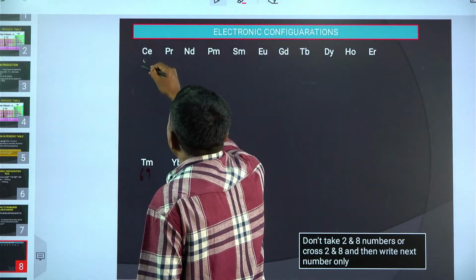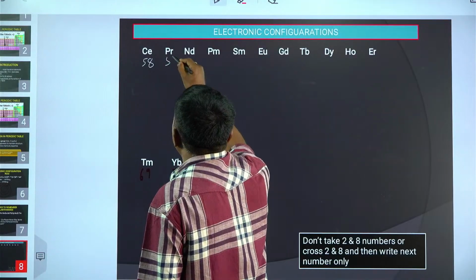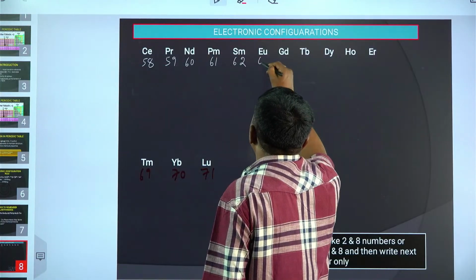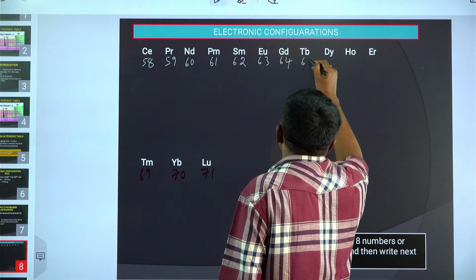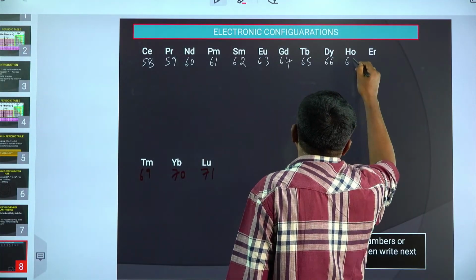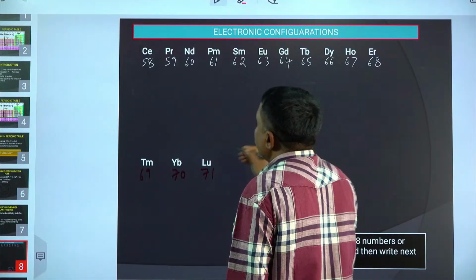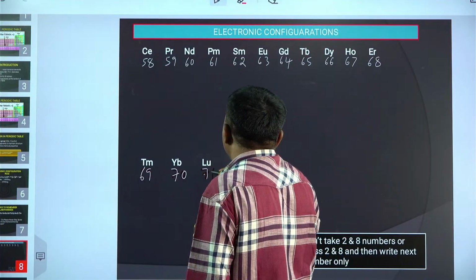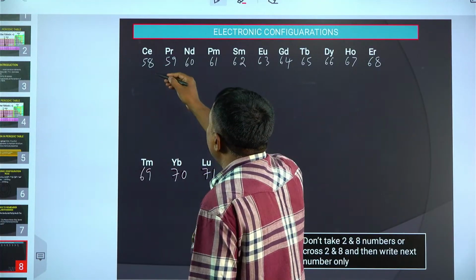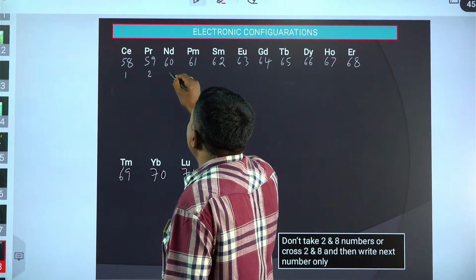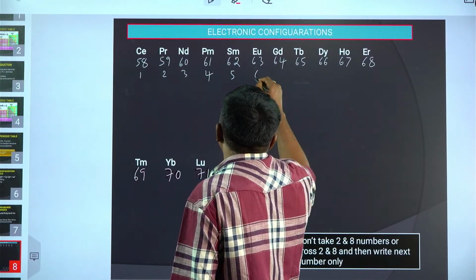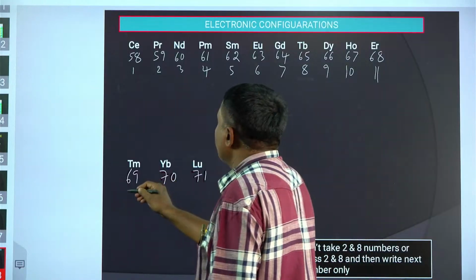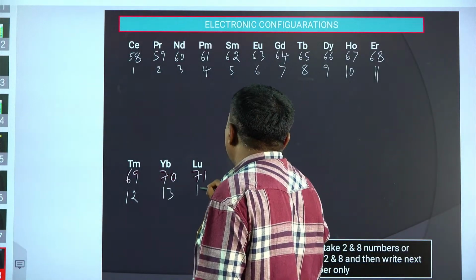This is 58, 59, 60, 61, 62, 63, 64, 65, 66, 67, 68, 69, 70, and this is 71, the last, 14th element. So first you write the numbers 1, 2, 3, 4, 5, 6, 7, 8, 9, 10, 11, 12, 13, 14.